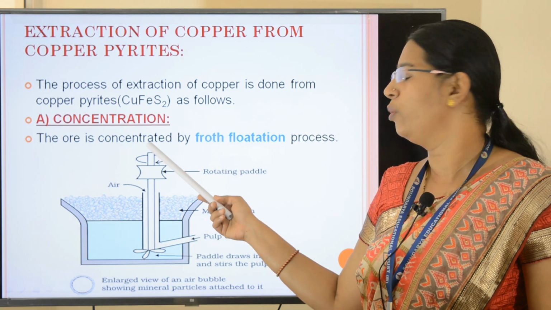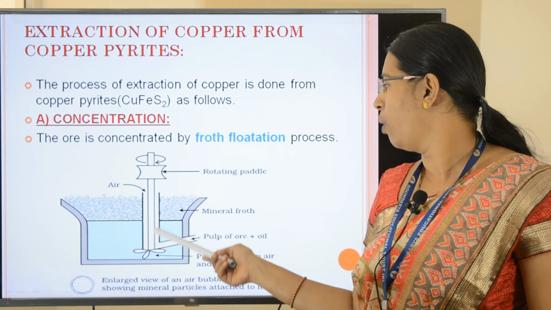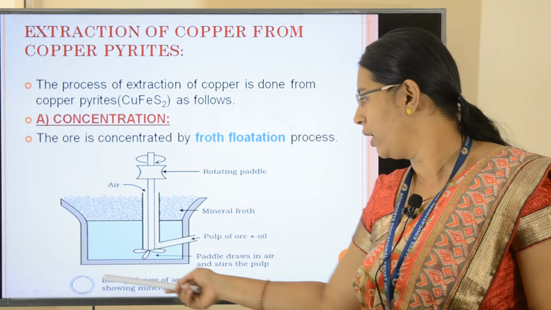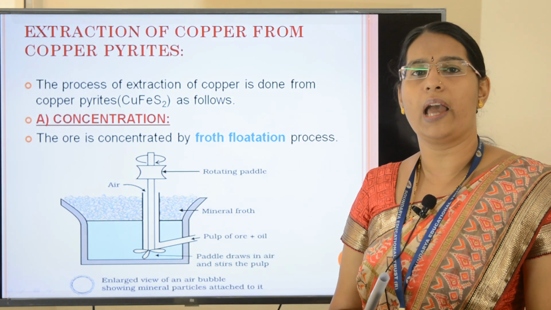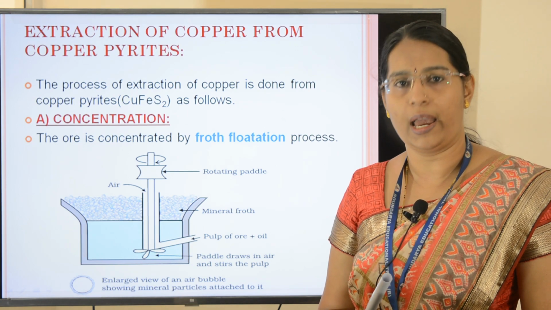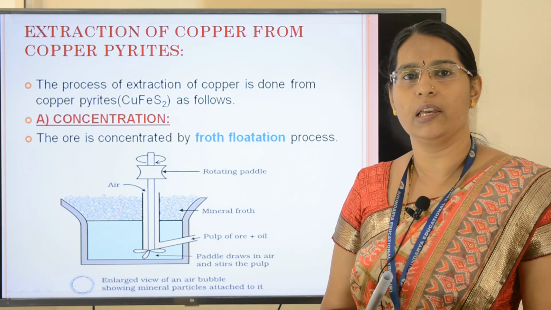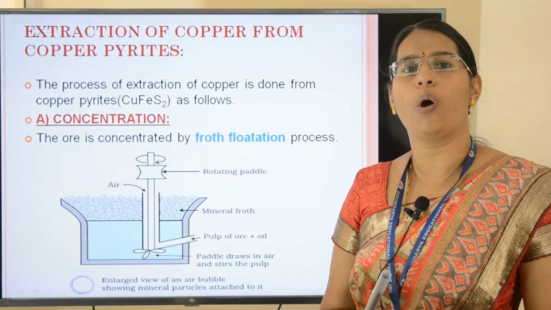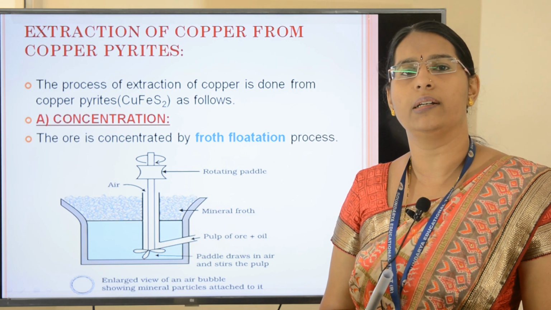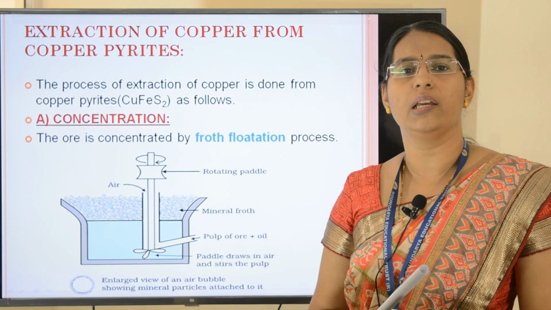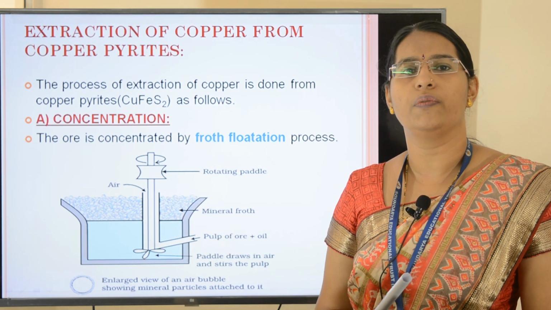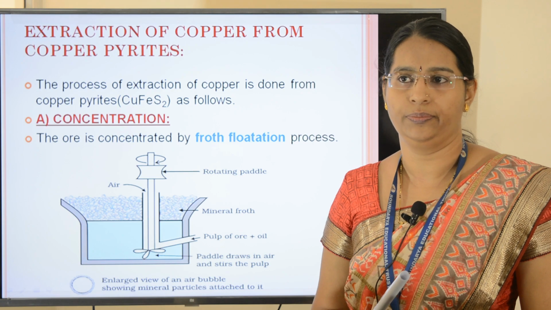Here the finely powdered ore is mixed with water and taken in a tank known as the flotation tank. To that, collectors and froth stabilizers are added. The function of the collector is to increase the non-wettability of the ore particles by water, and the function of the froth stabilizer is to stabilize the froth which is formed in the reaction.